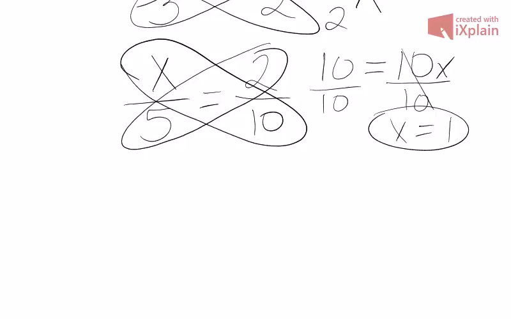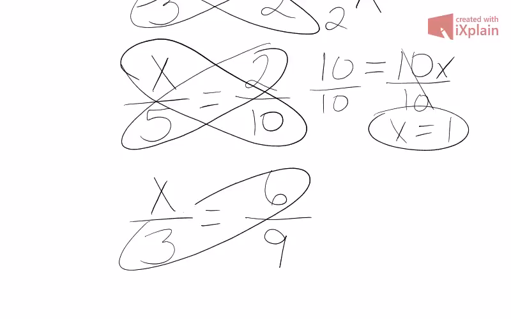So let's do one more example. Let's say I had x over 3 equals 6 over 9. Again, we're just going to cross multiply.